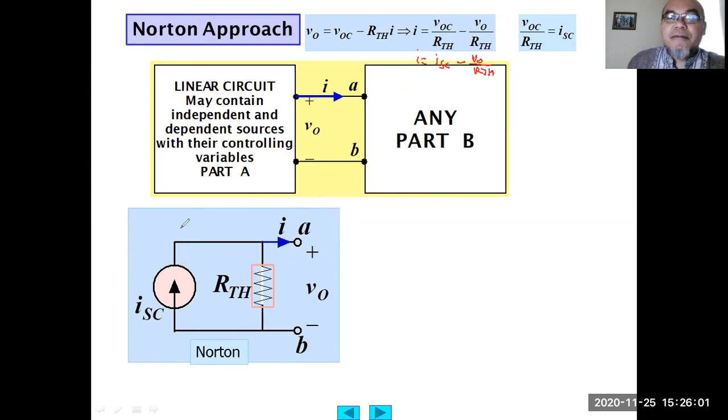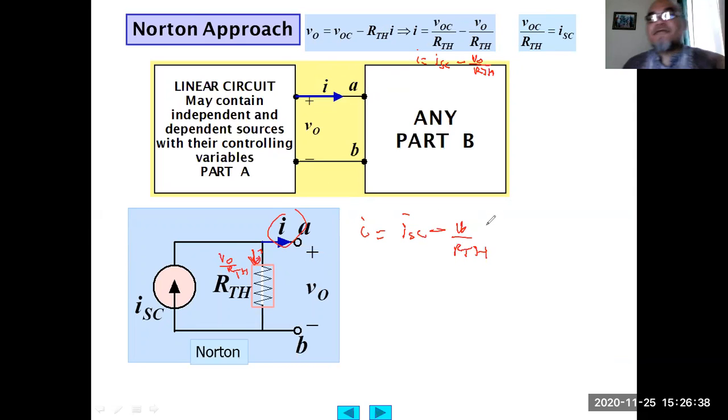The I here equals the I short circuit here, plus negative V output divided by RTH, because the current flowing here in this direction is V out divided by RTH. So I equals ISC negative VO divided by RTH, from Kirchhoff current law.